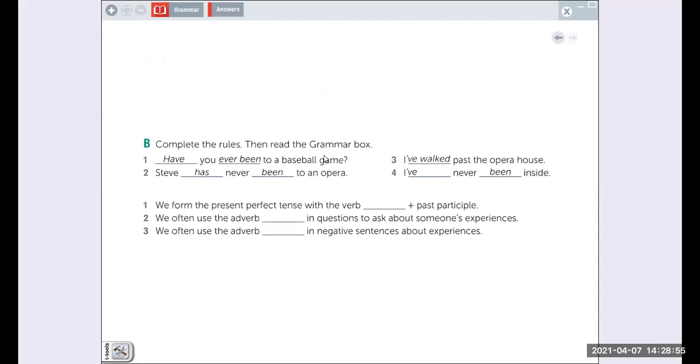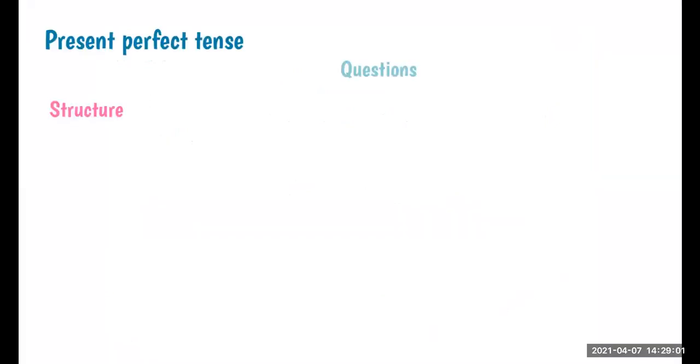So here we have the present perfect in the question form. I want you to check the example here in number 1. And I want you to tell me, what is the question form? How do we form the question in the present perfect? Have or has.